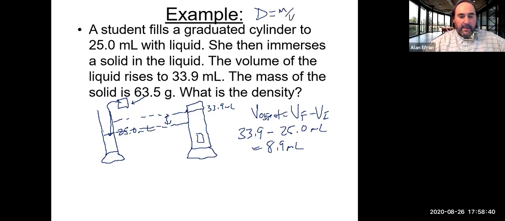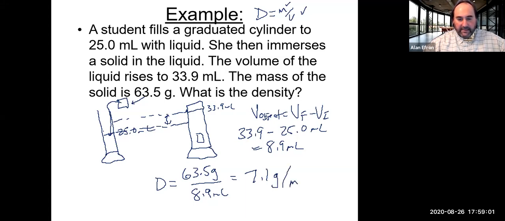So now we do have the volume and we were given the mass, so we can plug it into our density, and that would give us 63.5 grams divided by 8.9 milliliters. And I agree with almost everybody I see in there, 7.1 grams per milliliter in this particular case.